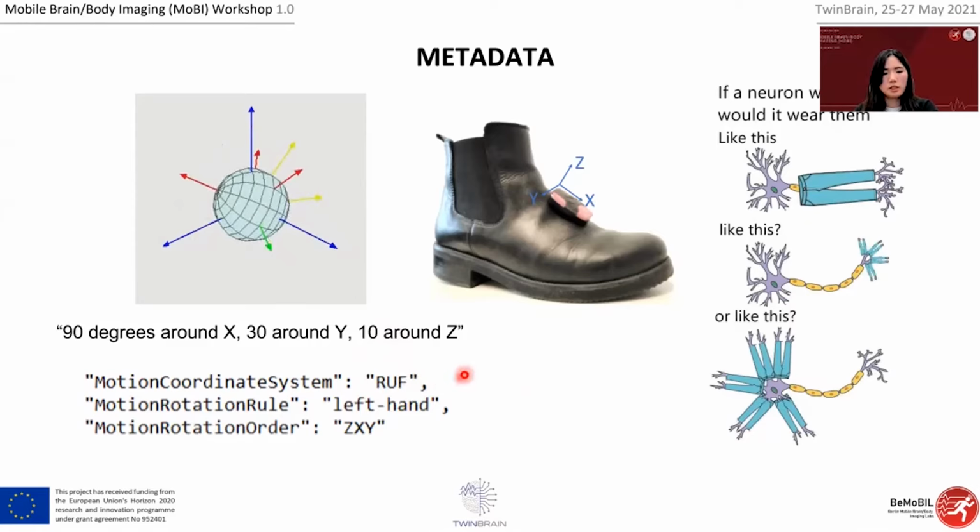And it is analogous to the way we describe the coordinate system for electrode locations for EEG data. There we use more anatomical language, like LAS for left, anterior, and superior, right? So it's kind of the same principle, but with non-anatomical language.